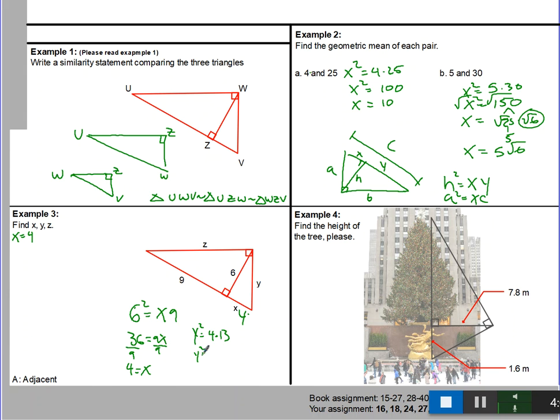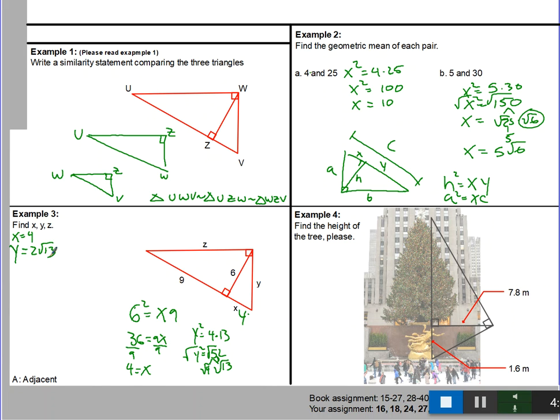So y squared is equal to 52. So square root. Now 4 goes into 52, so we have the square root of 4 times the square root of 13. And so y is equal to 2 root 13.